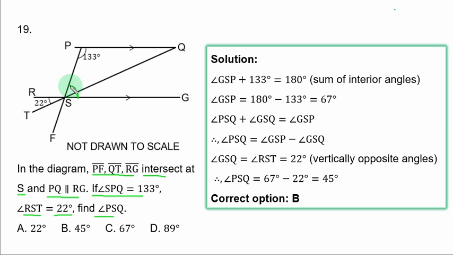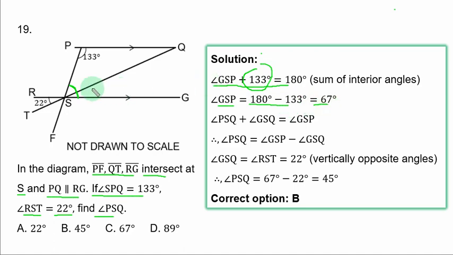Sum of interior angles. So you have GSP plus 133 equal to 180 degrees. To get GSP, you transfer this term to the right hand side, and you have 180 degrees minus 133 degrees equal to 67 degrees.